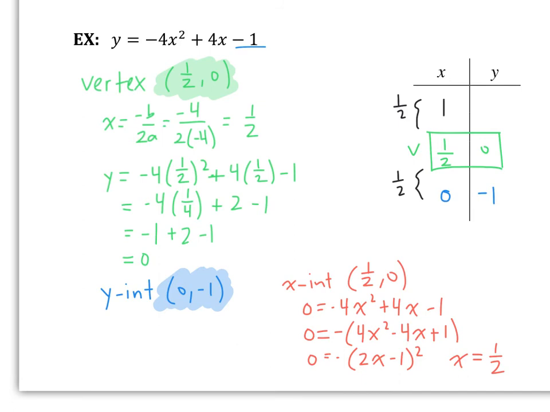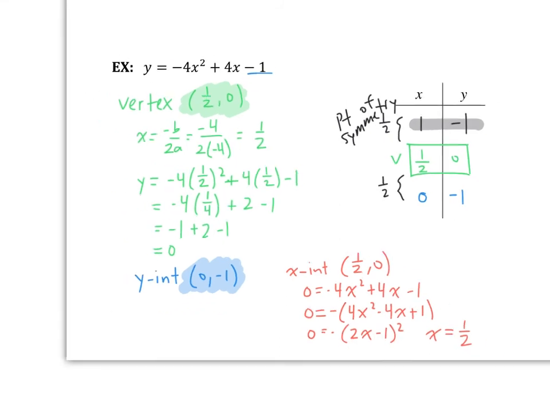So that's going to give us an x value of 1. And since we know points of symmetry have the same y value, I know I'm going to have the point (1, -1). So this is our point of symmetry here, which is this guy right there. And now we can go ahead and graph with those 3 points.